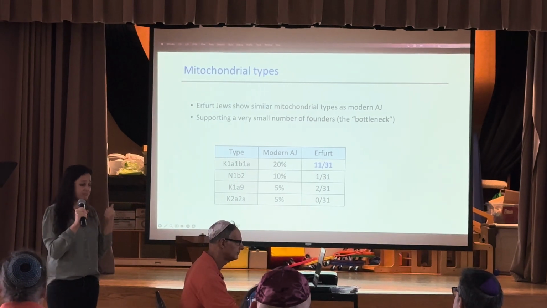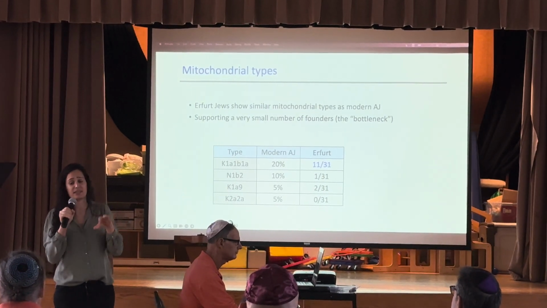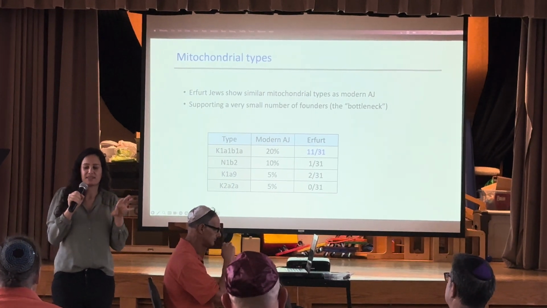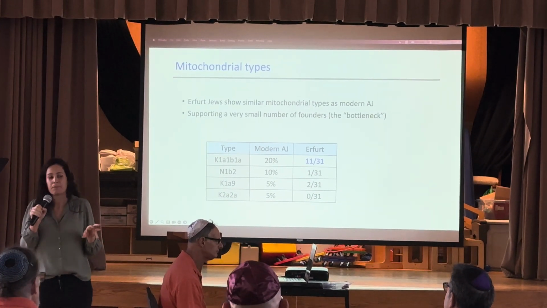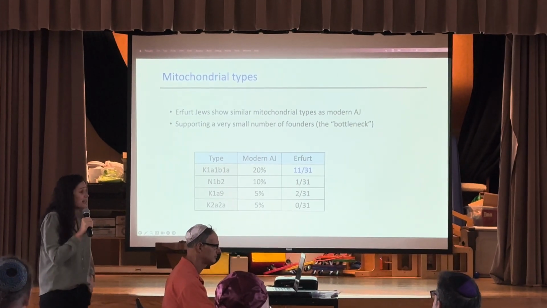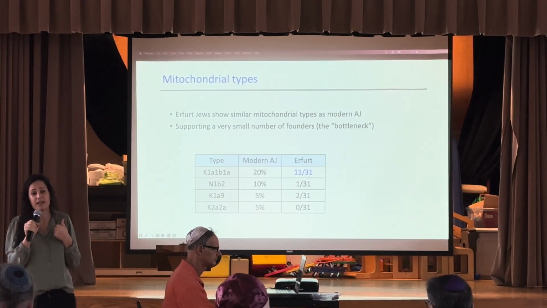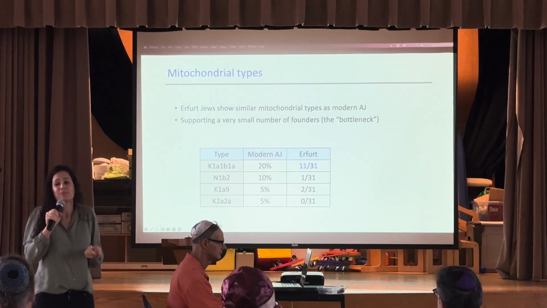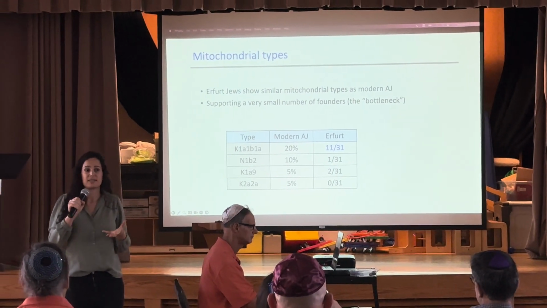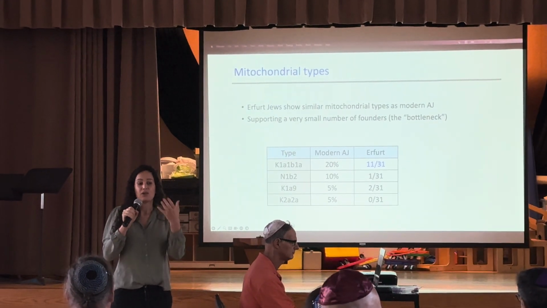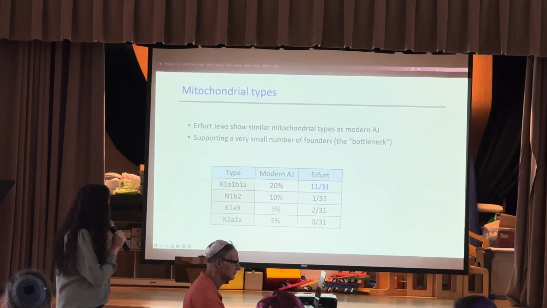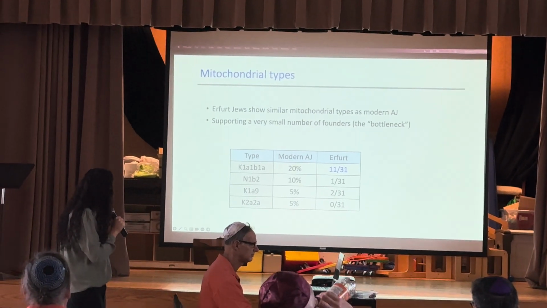We wanted to see if these samples from Erfurt have these same types, and we did find that a lot of them did, even more than present-day Ashkenazi Jews. So that was a very strong signal that these samples already experienced the bottleneck. That's why they have this kind of mitochondrial DNA.